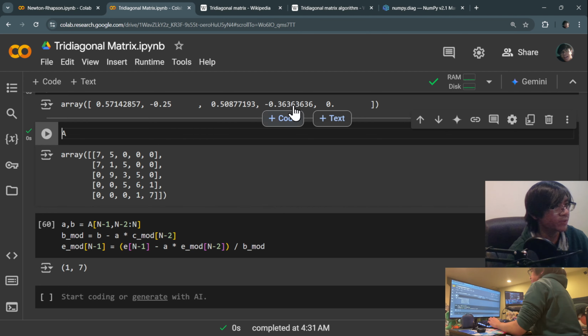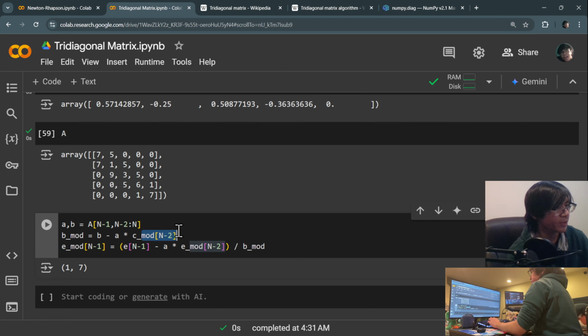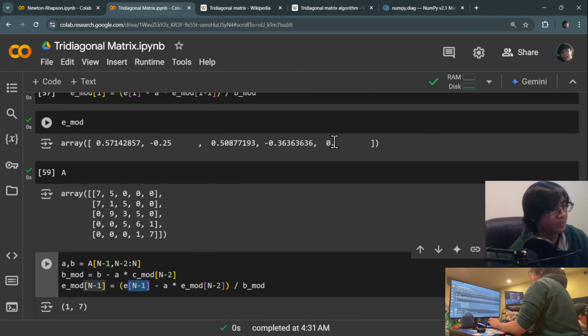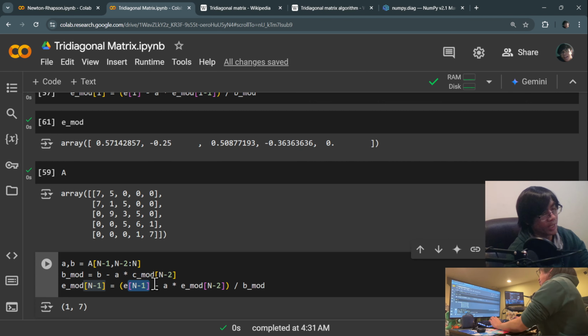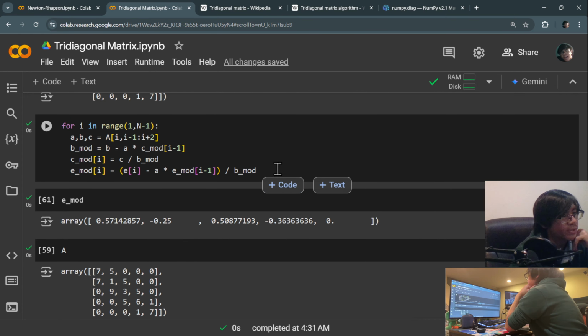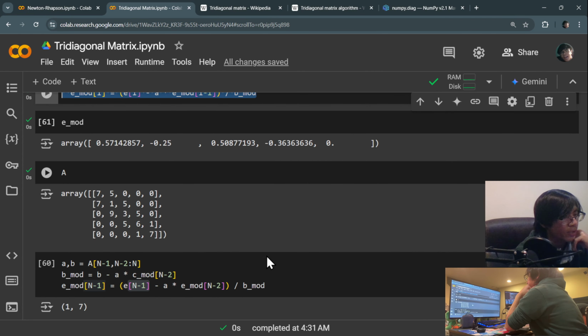We need to reference previous. Oh, this is for C mod. I'm talking about E here. So this would be the current value of E, which is n minus 1, 4, currently 0. And we do our same exact calculation up here that we saw in our OneNote.